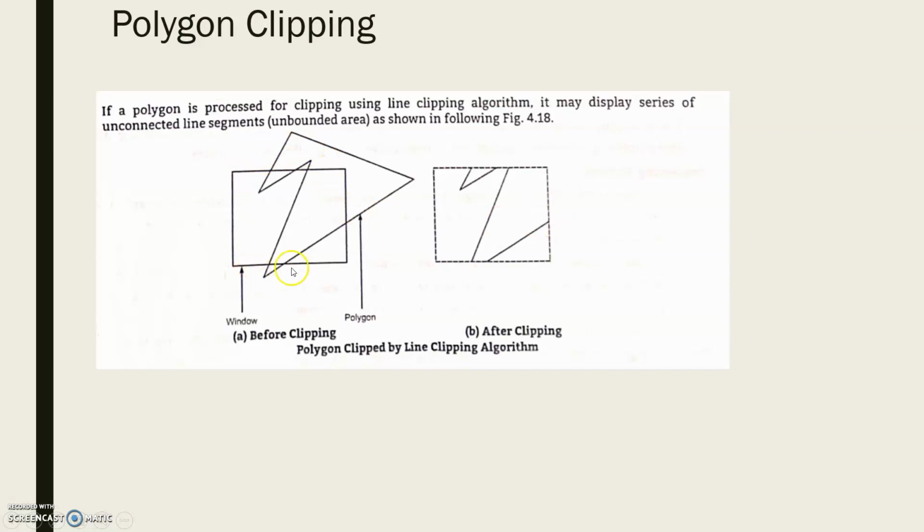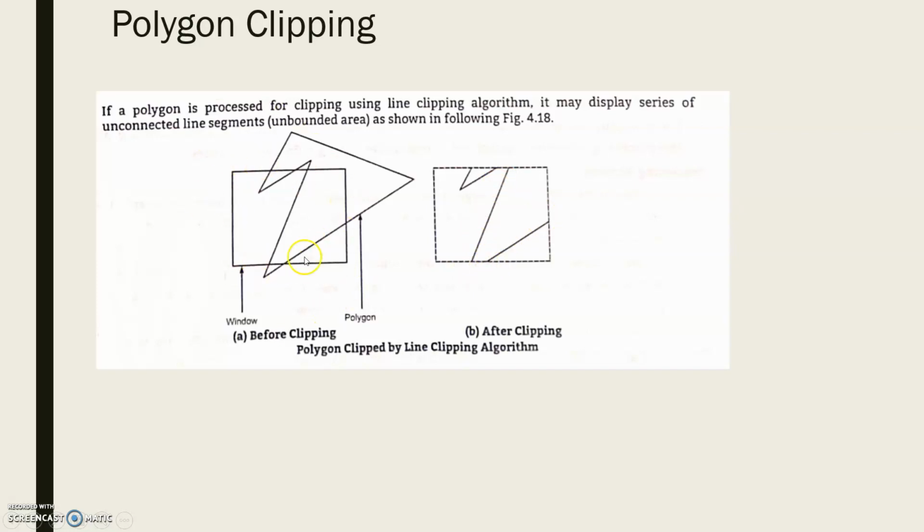You can see that this is your window, and this shape is your polygon. This diagram is before clipping and then after clipping. What are we doing in clipping? We are just displaying the portion of a polygon that is inside the clipping window.